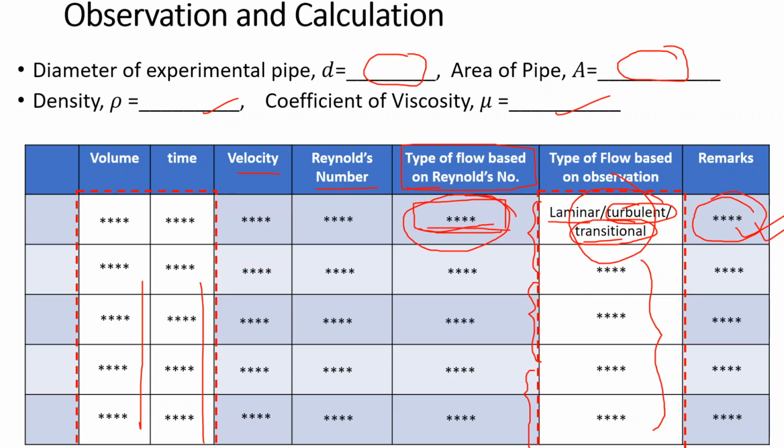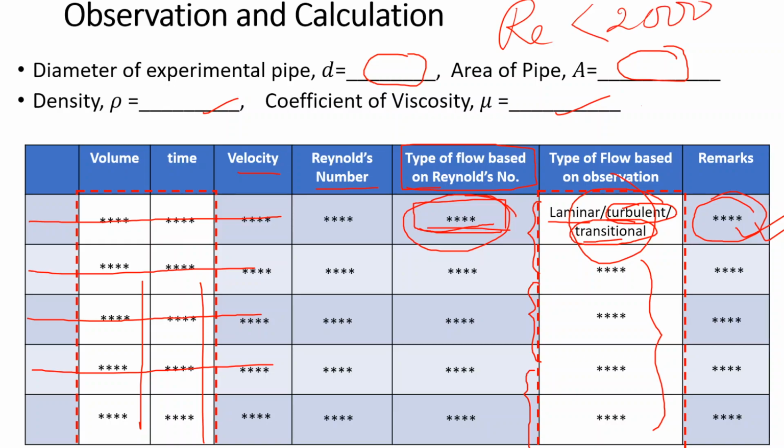So he found that, and for each of those sets of observation, he calculated the Reynolds number, and he found that when the Reynolds number is around 2000 or below, the streak line starts to become straight, and above that it starts to become slightly zigzag, and beyond a value of 4000, he found that the straight line becomes completely mixed with the flow. And therefore, he suggested these values of 2000 and 4000.